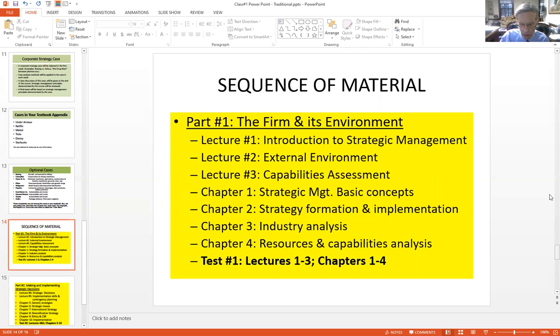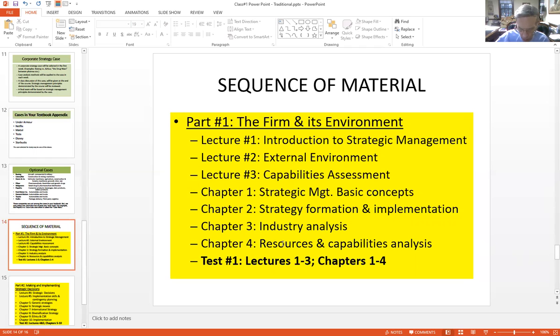Here's how the course will unfold in terms of the specifics. The first part is about the firm and its environment. Chapters 1 through 4 include basic concepts, how strategy is formed as a process, industry analysis, and resources and capabilities.